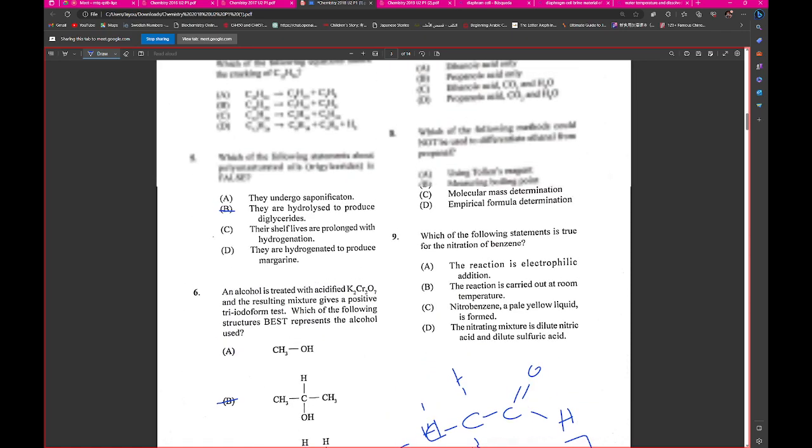Which of the following statements is true for the nitration of benzene? C. Nitrobenzene a pale yellow liquid. Is nitrobenzene a liquid or a solid? Is it a precipitate?